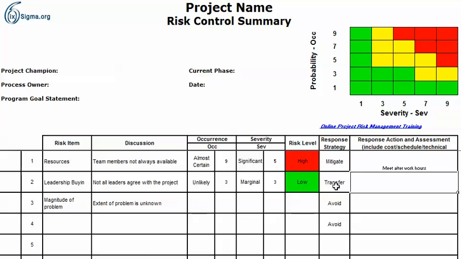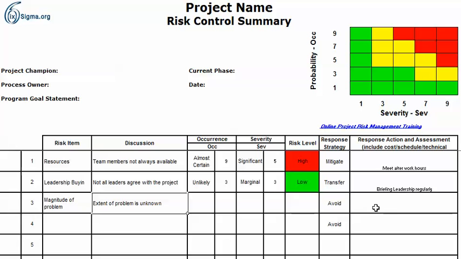And then I might also give a response by maybe briefing the leadership regularly, in an attempt to maybe bring along this person in leadership who is not bought into this particular project.